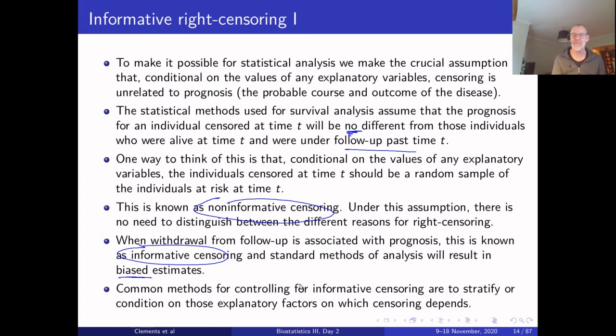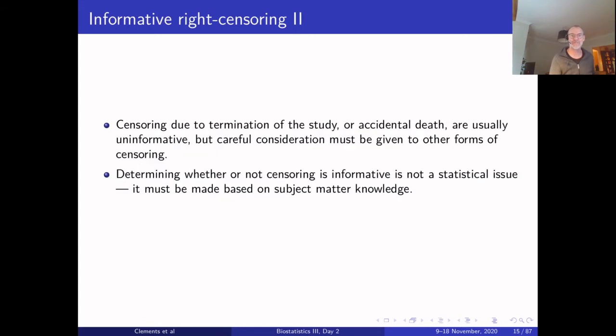Common methods for controlling for informative censoring are stratification and conditioning on those explanatory variables on which censoring depends.